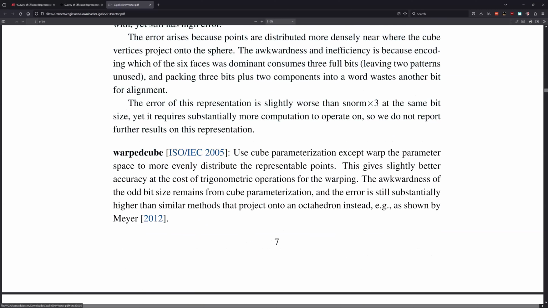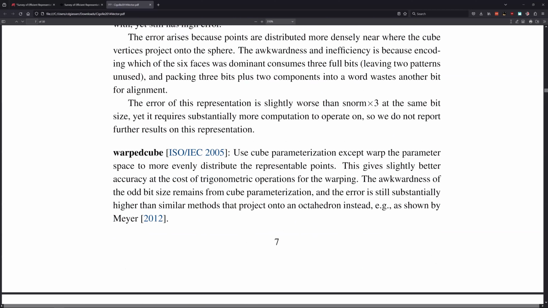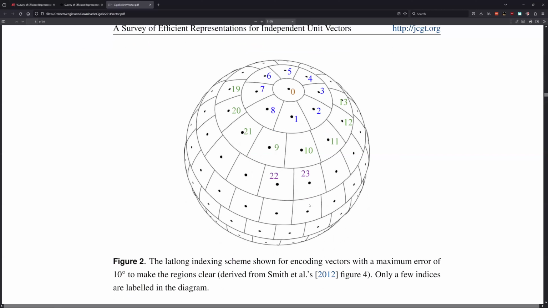Wrapped cube. Okay, so it's a cube, but you distribute the representation points, you skew them. But they have the cost of trigonometry, which is no good for performance. And if you just went with the octahedron, you would have had a better time anyway.